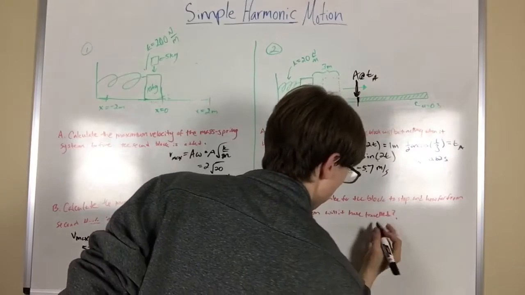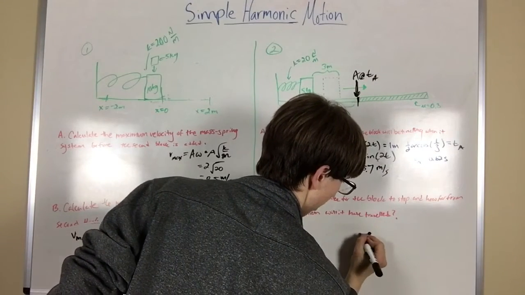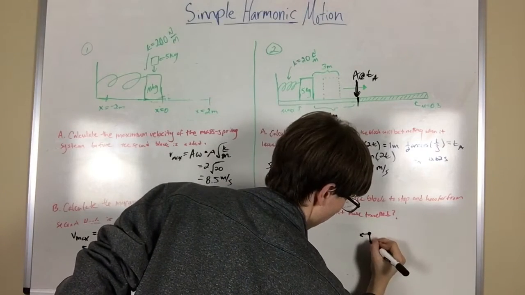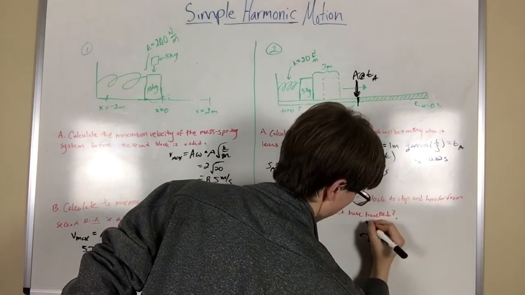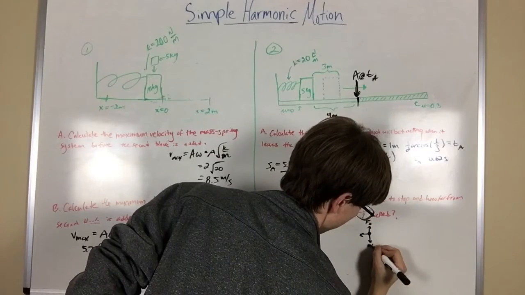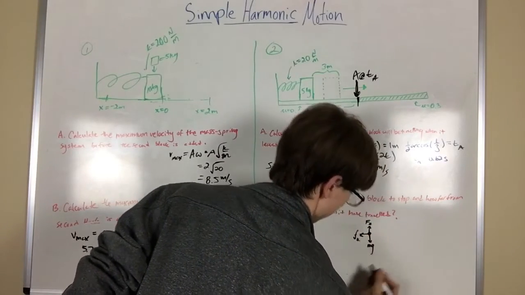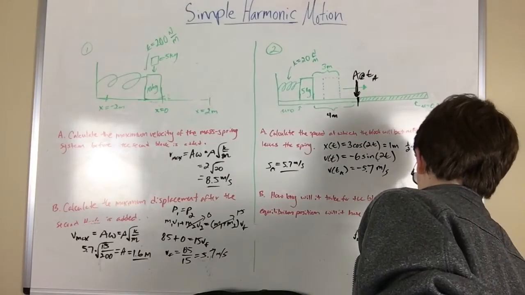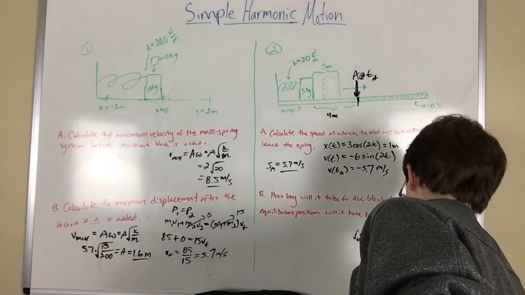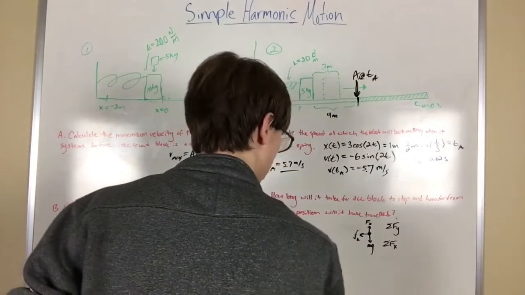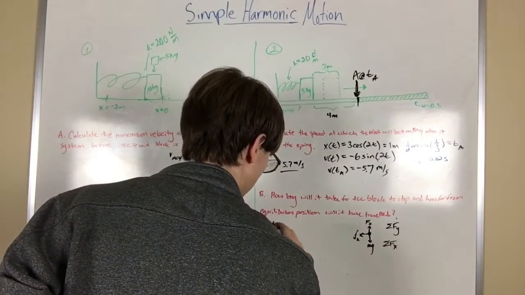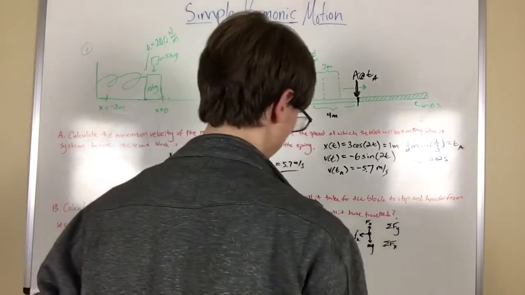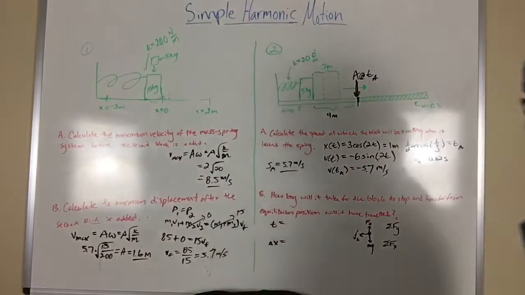So we'll draw our free body diagram, and we'll do our sum of y forces and our sum of x forces. And then we'll solve for t and then delta x.